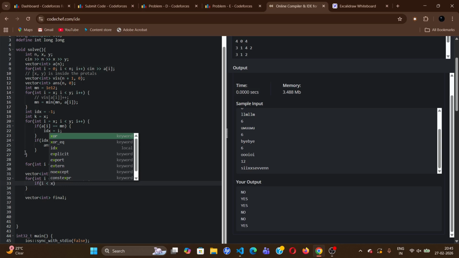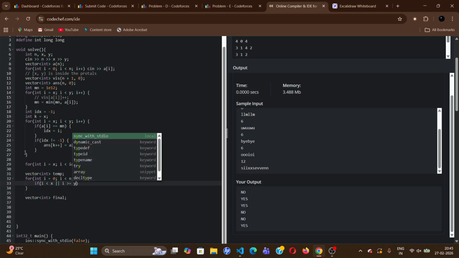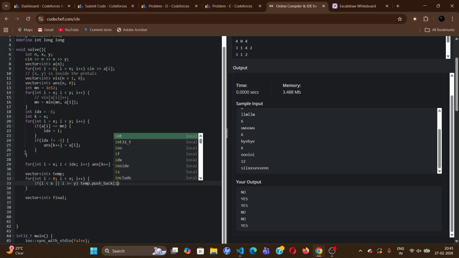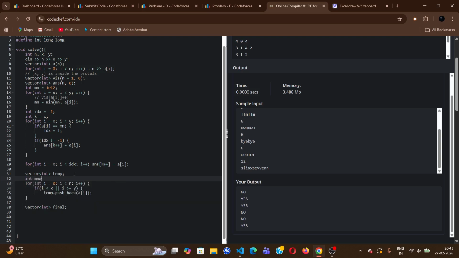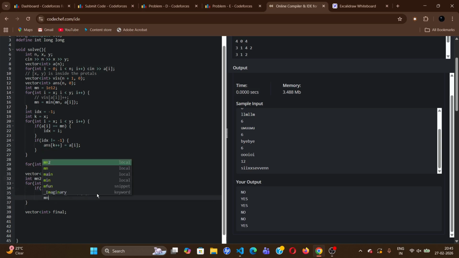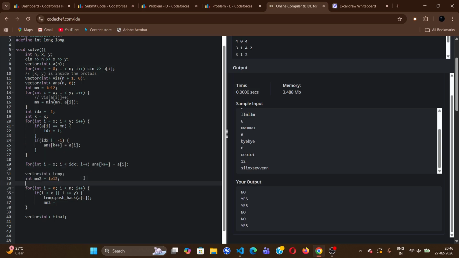If I less than x, and sorry, or I greater than equals to y, in that case, pushback a of I. Also equals to 0.